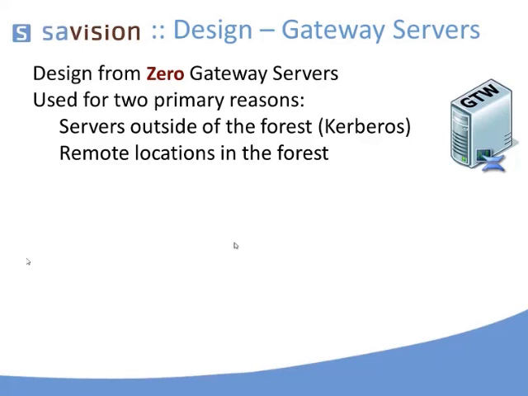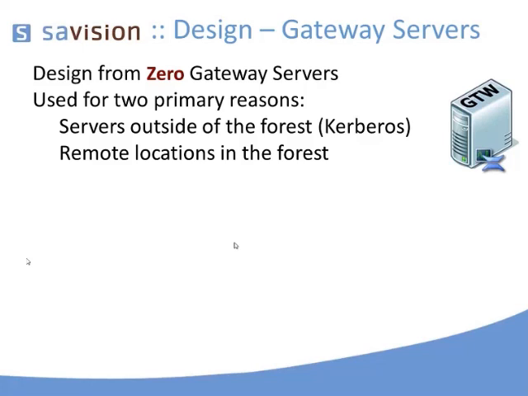But it also works well for remote locations inside the forest. And this is something I started architecting after Ops Manager deployed. I mentioned why in remote sites, management servers don't perform that well, because of their communication with the SQL database. So you can use a gateway inside the forest to do the same function that it's doing outside of the forest, but you don't need the certs.